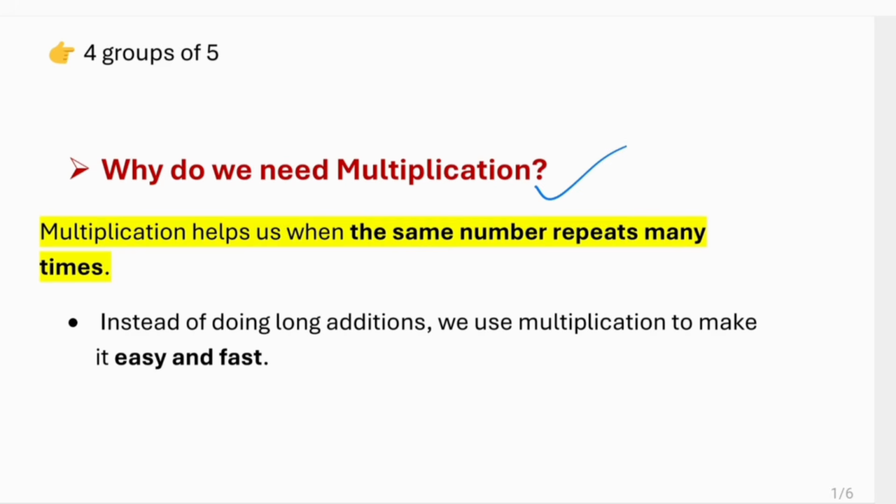Why do we need multiplication? We use multiplication everywhere in our daily life. This multiplication helps us when the same number repeats many times, and also to make it easy and fast.